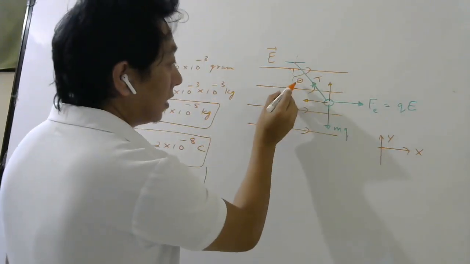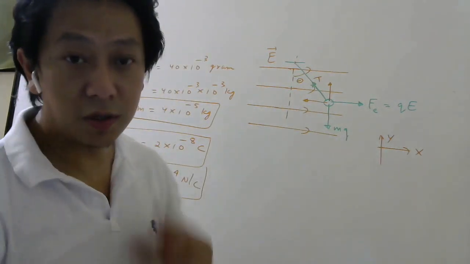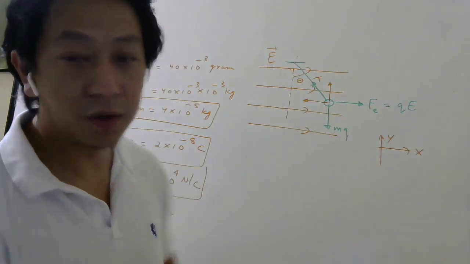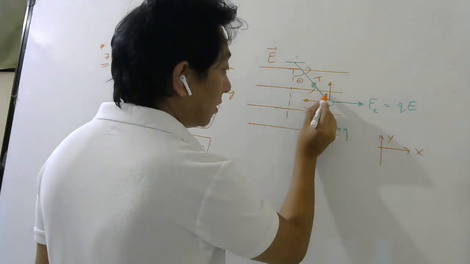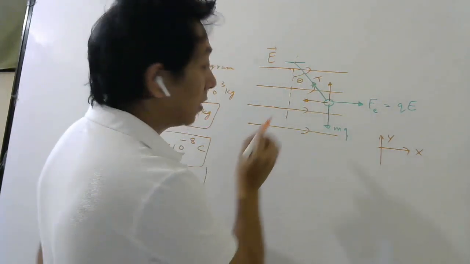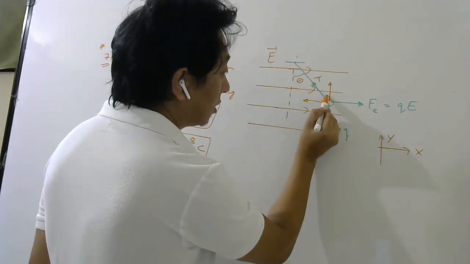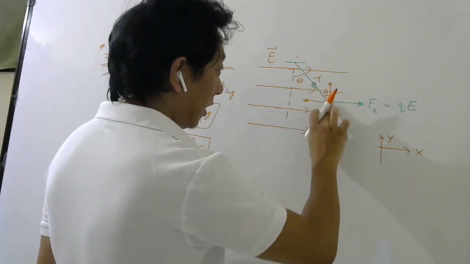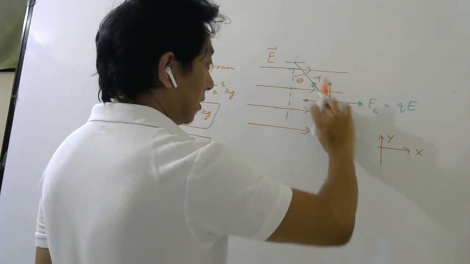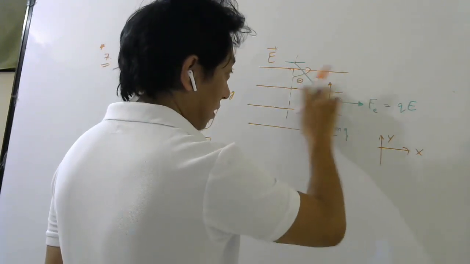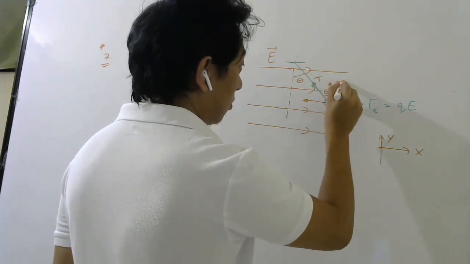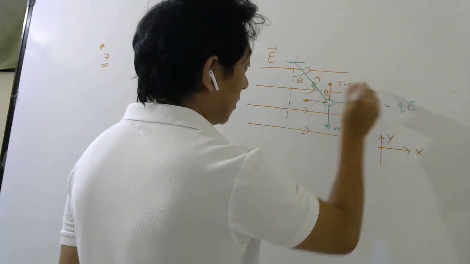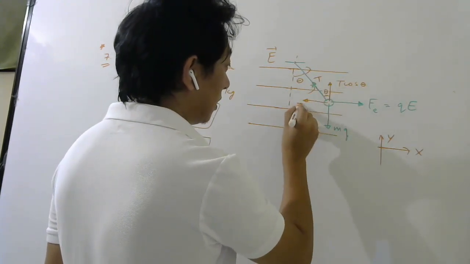Now, if this angle is theta, before you decide which is the cos component and which is the sine component, first you need to know either this angle or this angle. Here they have given this is theta, so this must also be theta. So this is the adjacent side for this tension. For this triangle, this is the adjacent side. So this component will be T cos theta, and this component will be T sine theta.